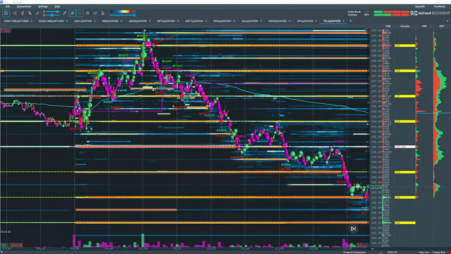A big pink dot comes in, more pink dots, and order flow finally shifts bearish. That's right, RJ. Traders were definitely buying puts, looking for lower prices in Tesla.